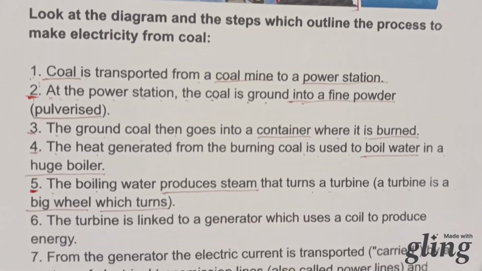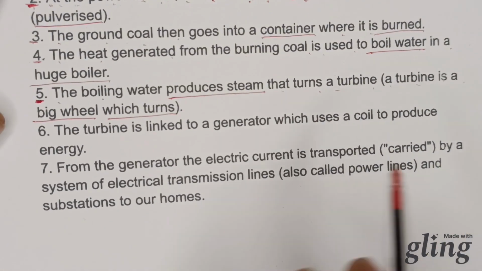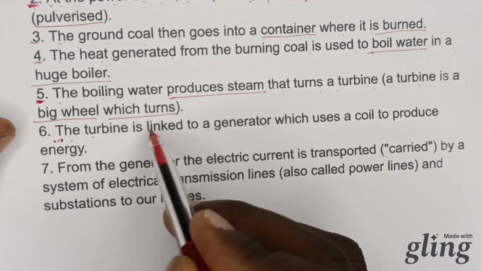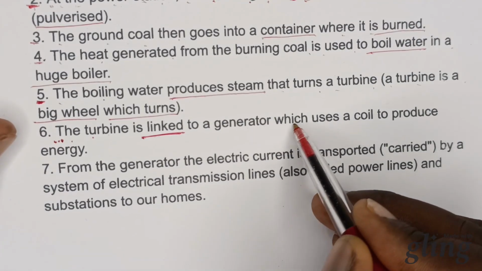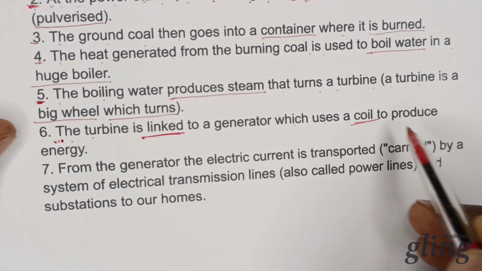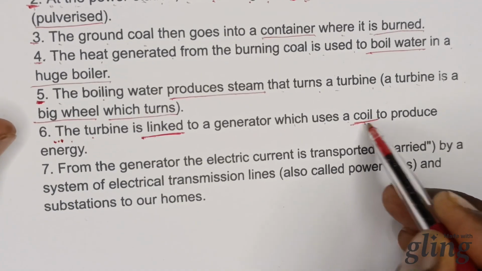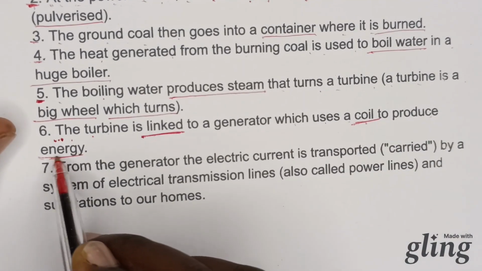Let us look at the last 2 points. They say the turbine is linked to a generator which uses a coil. So that generator has a coil to produce energy.